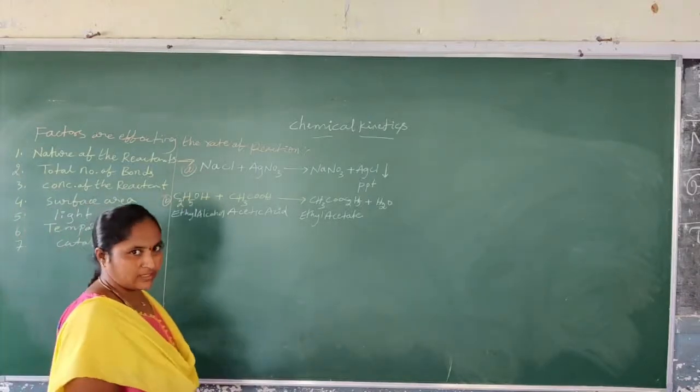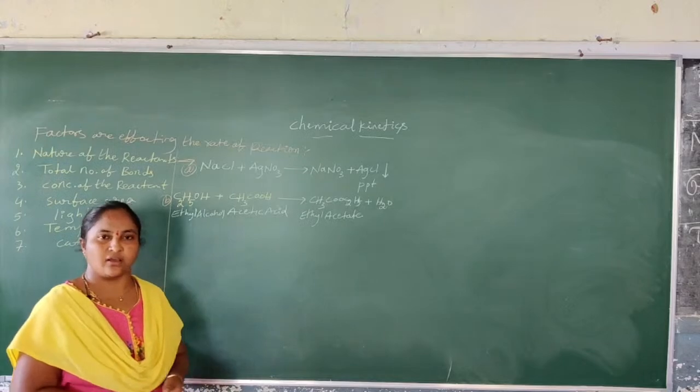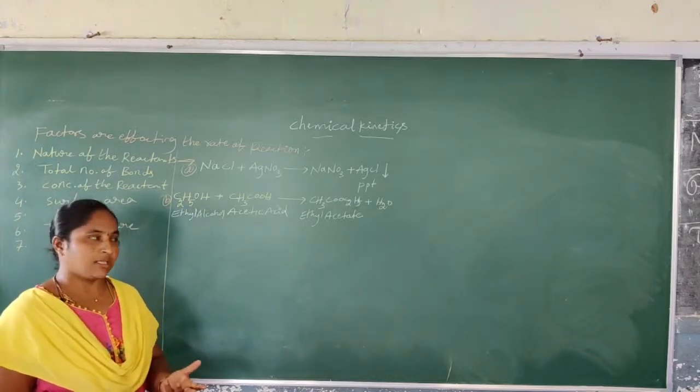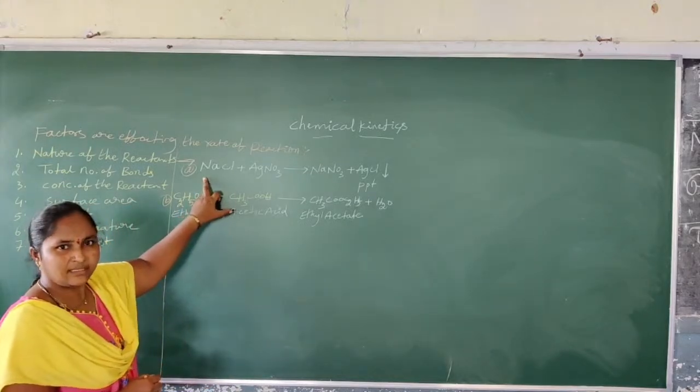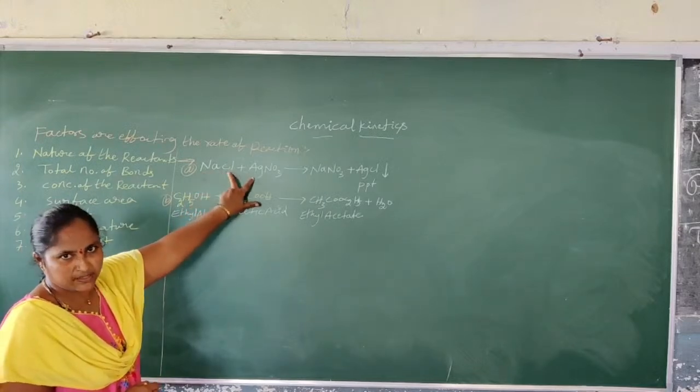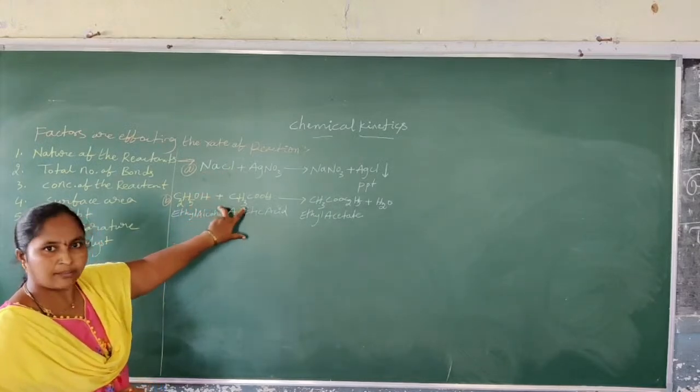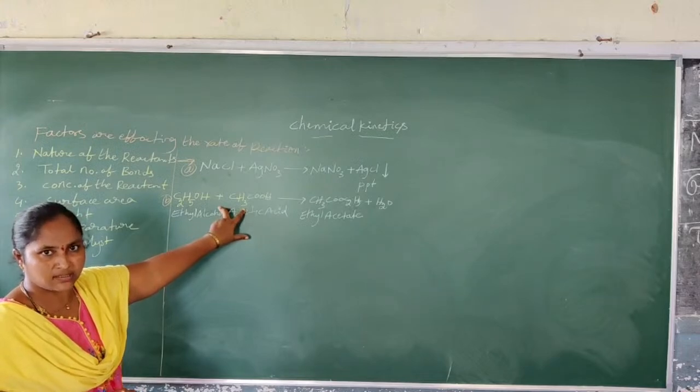Now which reaction is faster? My question is which reaction is faster? How can we determine that? Simple. Reaction A is between two ionic substances. Reaction B is between two covalent substances.